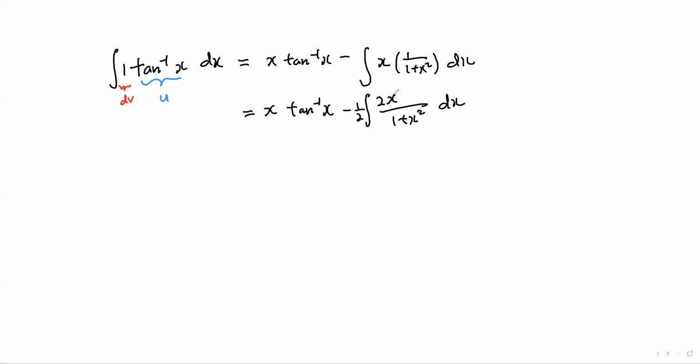Why am I doing that? Because I want the derivative of the denominator to be the numerator, and then that will just be a logarithm. So this is x tangent inverse x minus half ln of 1 plus x squared plus c. And that is the integral of tangent inverse x.